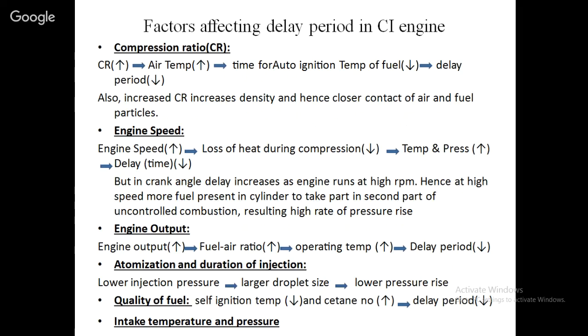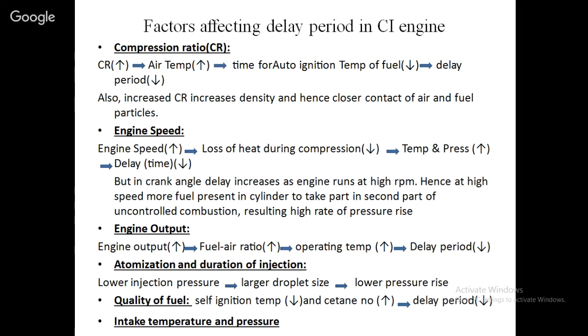Quality of fuel: if self ignition temperature decreases, the cetane number increases, and that's why the delay period decreases. Practically, the way we get the cetane number of a fuel is just because of the delay period. The fuel which has a less delay period is given more cetane number.